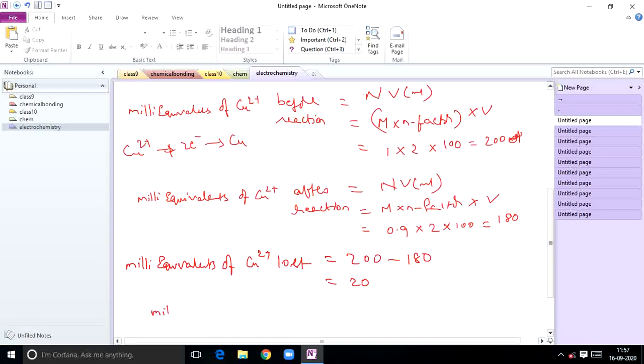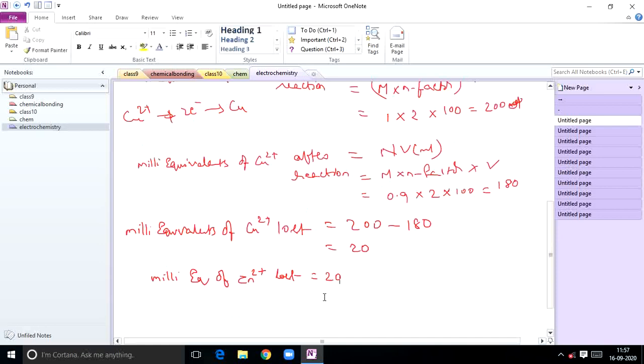So from this, milliequivalents of Zn2+ lost is equal to, here also 20 you can take according to law of gram equivalents.